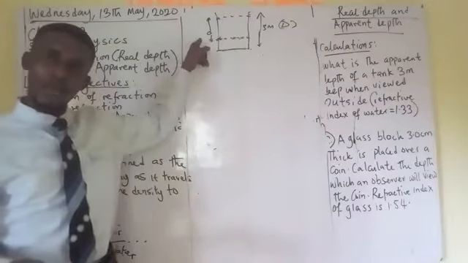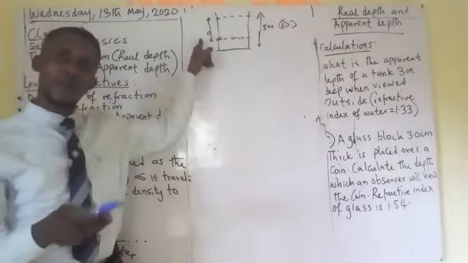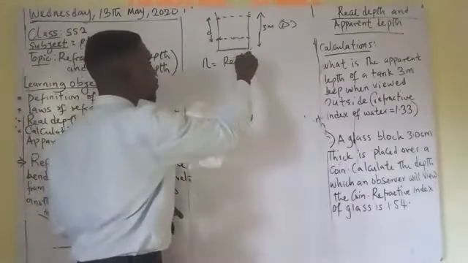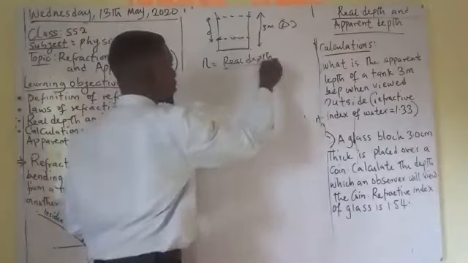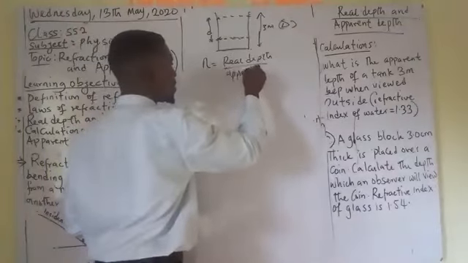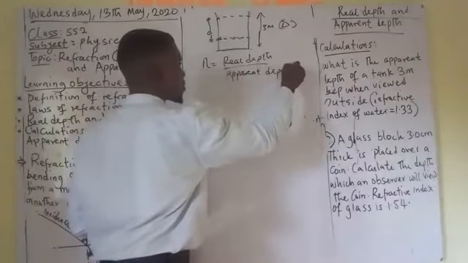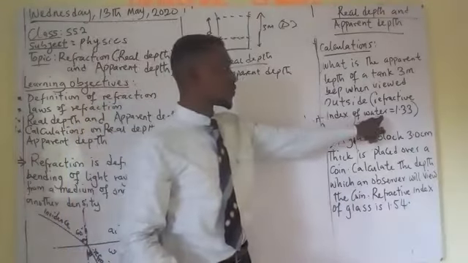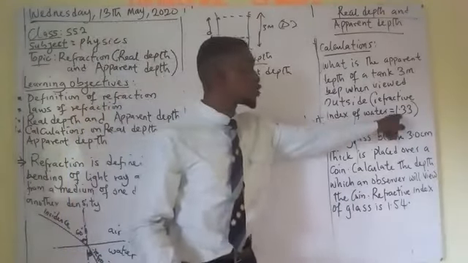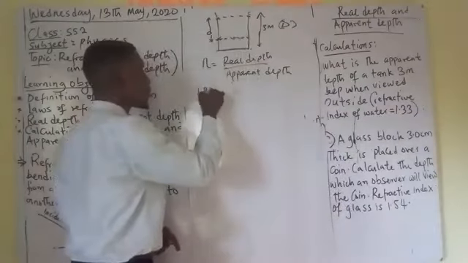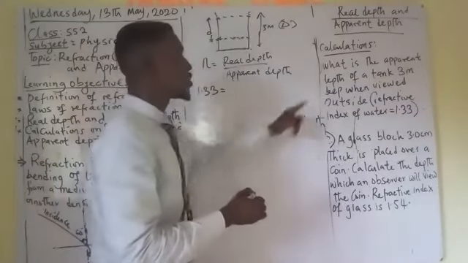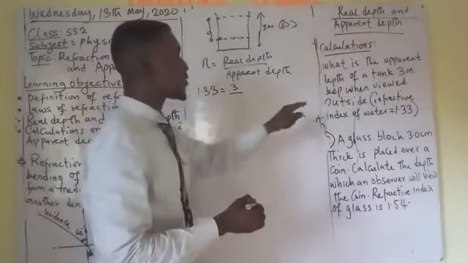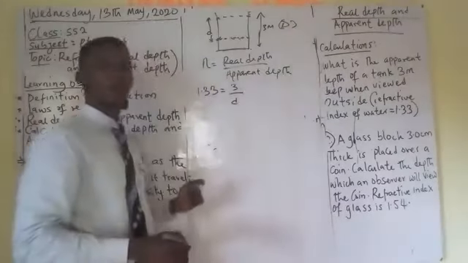So from this place, our apparent depth is an unknown value. Using the formula connecting the real depth, apparent depth, and the refractive index, the refractive index is equal to real depth all over apparent depth. The question gives water, whose refractive index is 1.33, so 1.33 is equal to the real depth, which is the depth of the tank, 3, all over the apparent depth d, which is unknown.